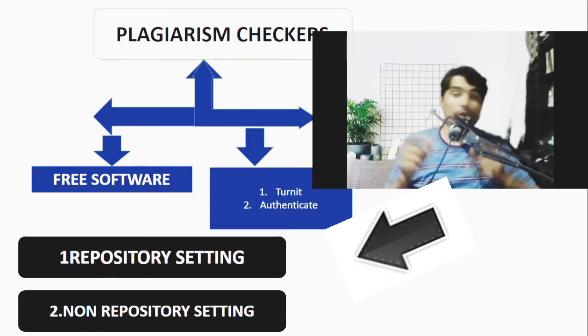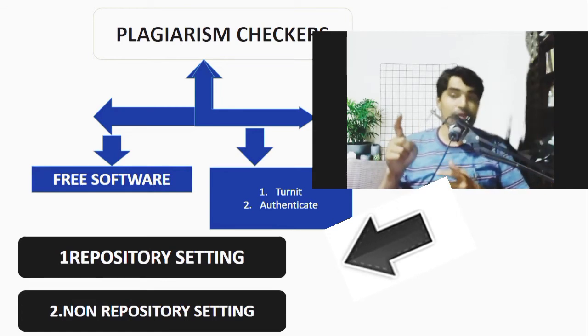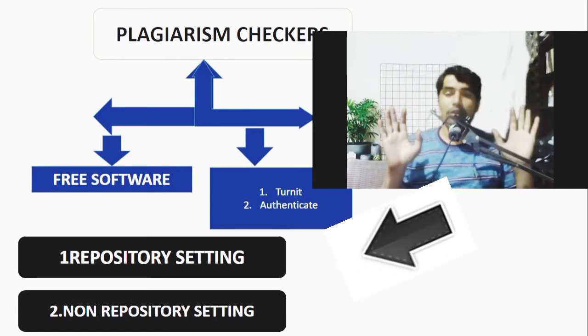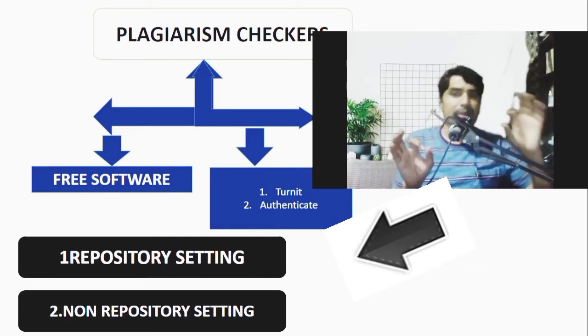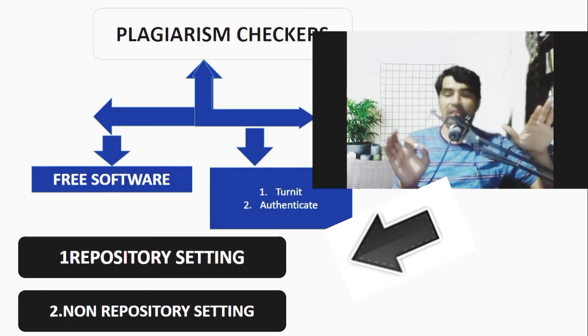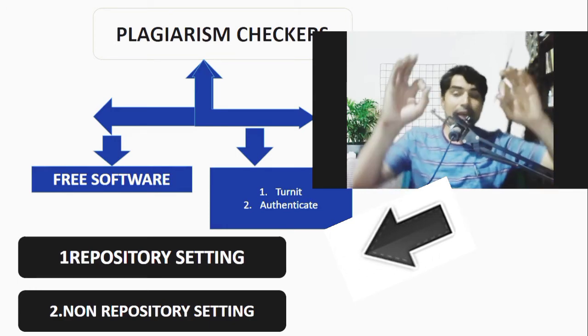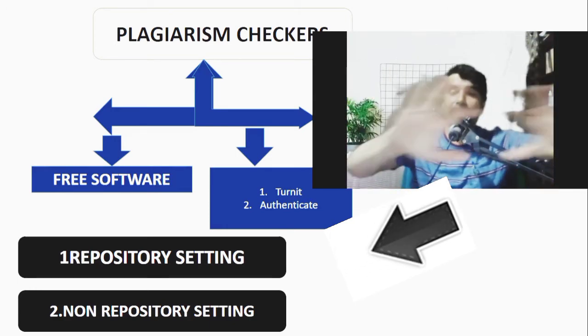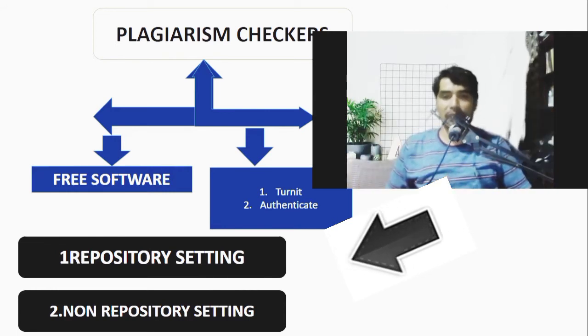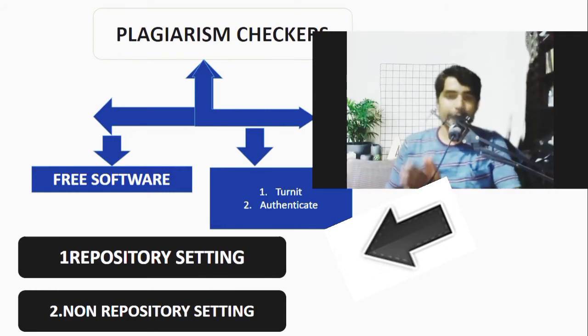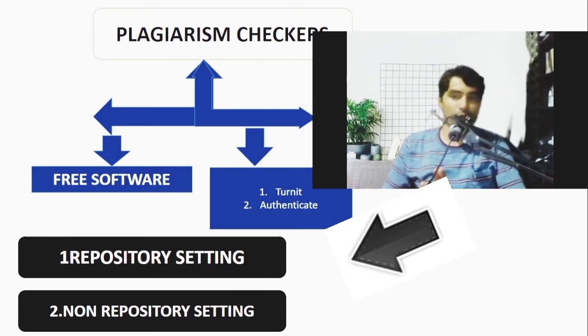You must go for non-repository setting. Otherwise, your file will be lost. Second, don't try free software, because they mostly have repository setting, and your file will be stored in it. And whenever you go for plagiarism checking, it will show you the same result. So Turnitin and Authenticate, these are two software, and they are very useful. I recommend you go for them.